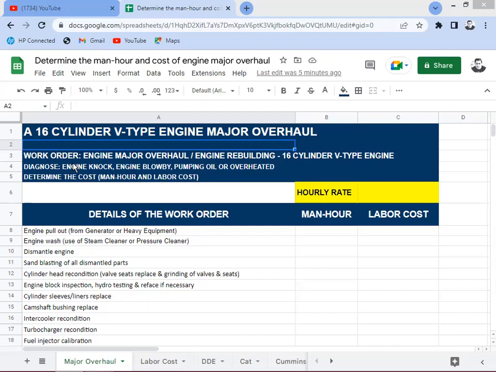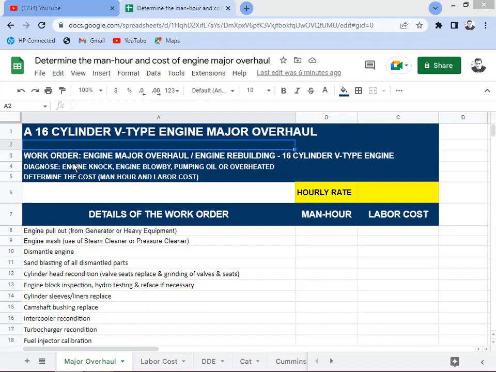That's huge equipment, they call it monster equipment. So the work order again is just for the engine major overhaul and or engine rebuilding for the 16 cylinder V type engine.